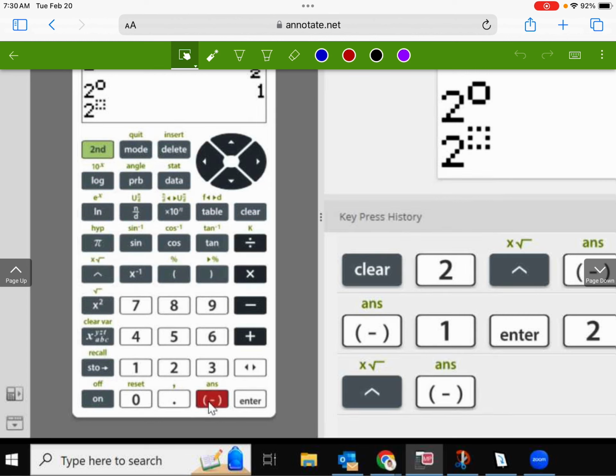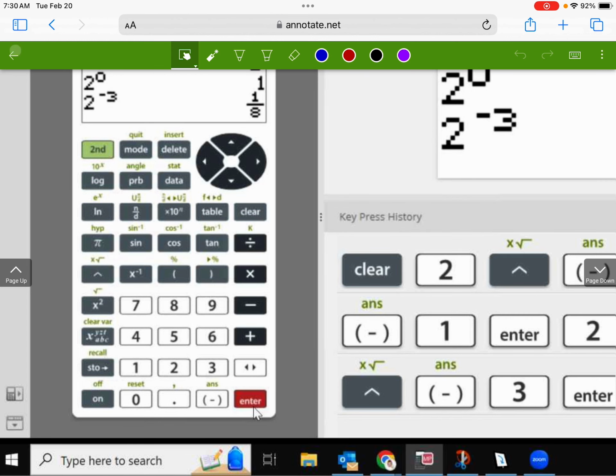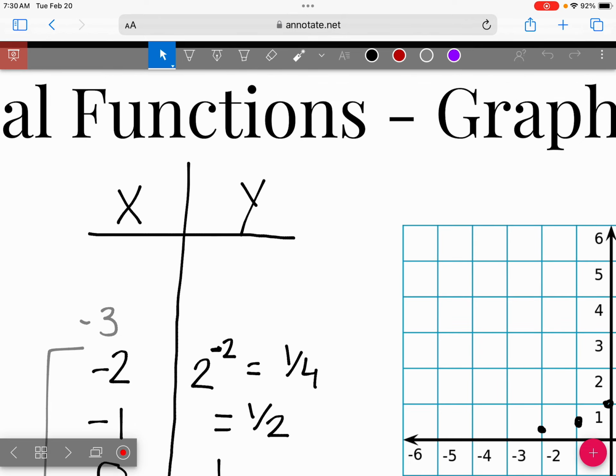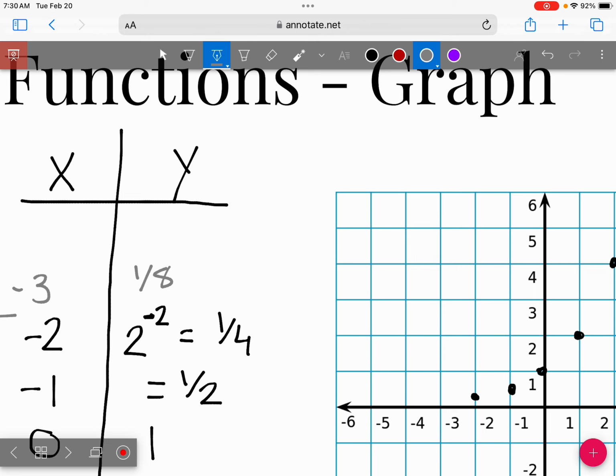2 to the power of negative 3 gives us 1/8. 2 to the power of negative 4 is going to give me 1/16. Then we'll get 1/32. We'll get 1/64.